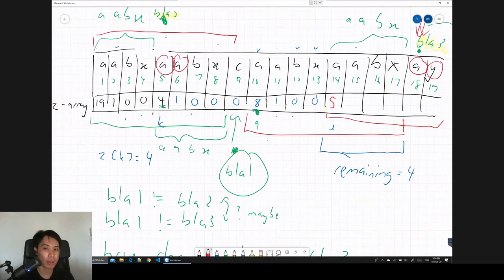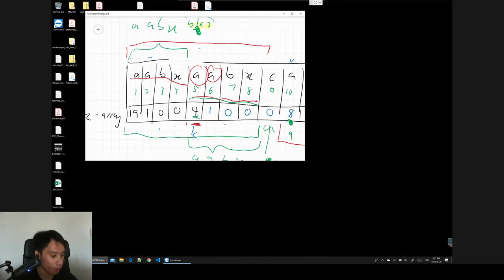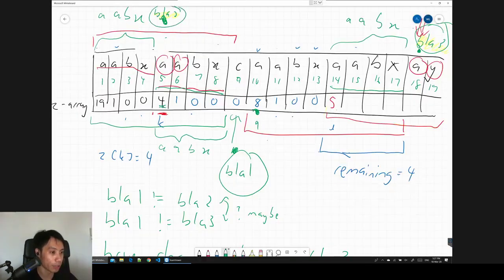As what you can observe here, when you have a Zk of 4, it just means that the 4 letters here are the same as the prefix. But since they belong in the same box, you also know the 4 letters here and the 4 letters here are the same, right? Which means our next letters, blah 1, blah 2, and blah 3: blah 1 is not the same as blah 2, blah 1 is not the same as blah 3.